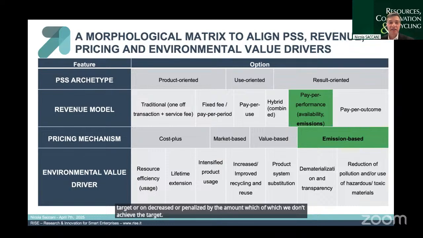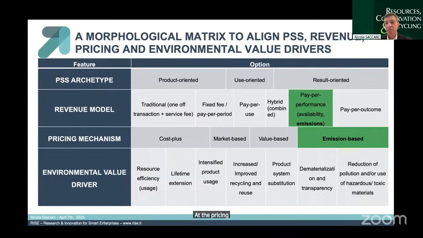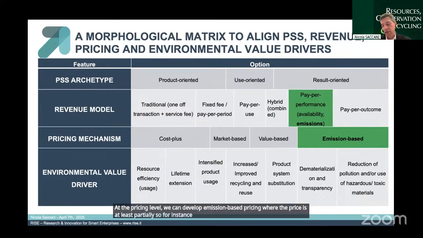At the pricing level, we can develop emission-based pricing, where the price is at least partially, so for instance with a hybrid combination of different mechanisms, calculated based on the environmental impact component.